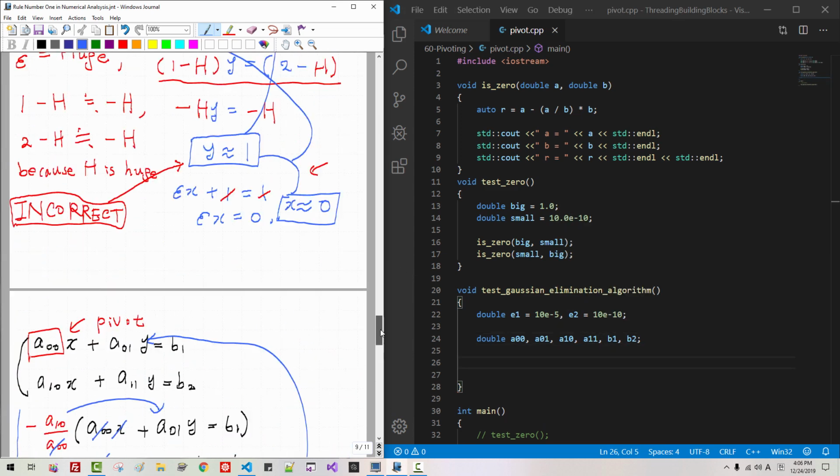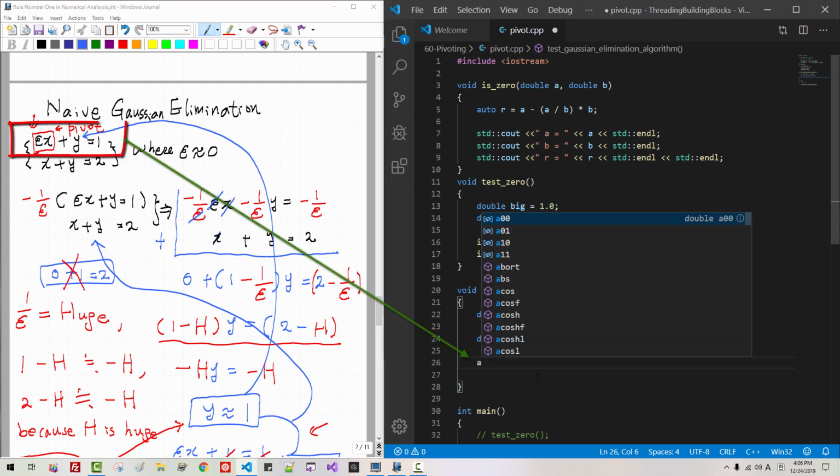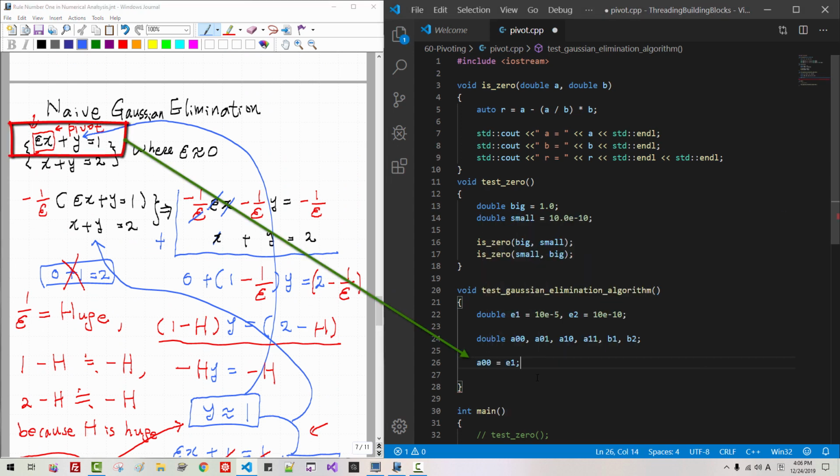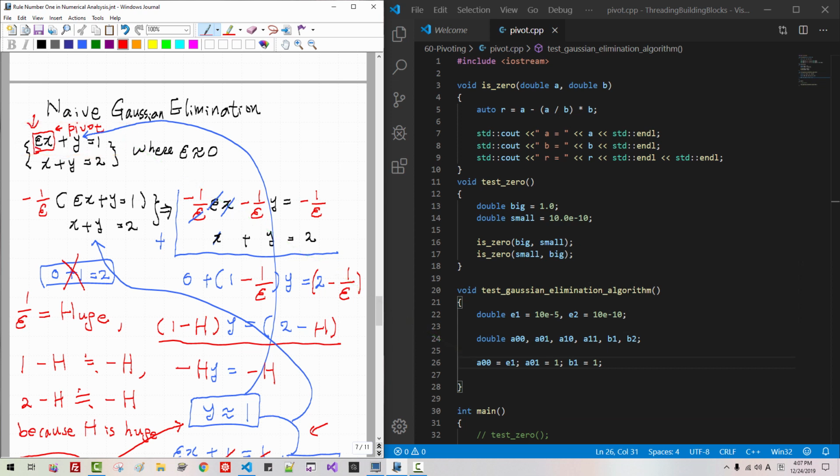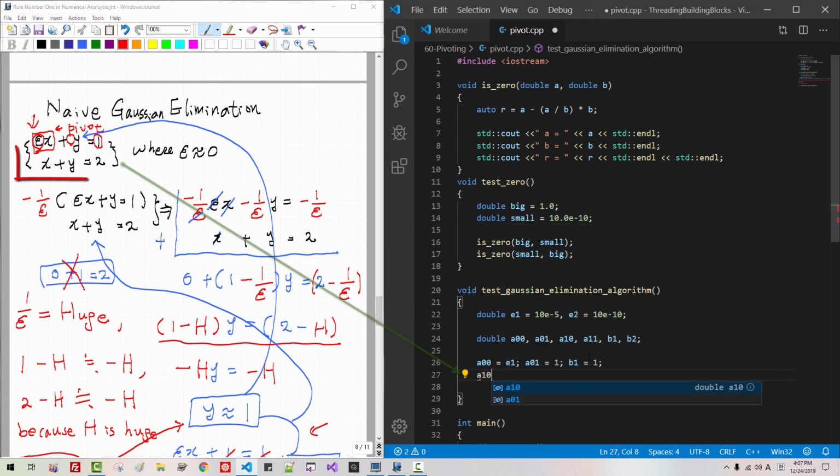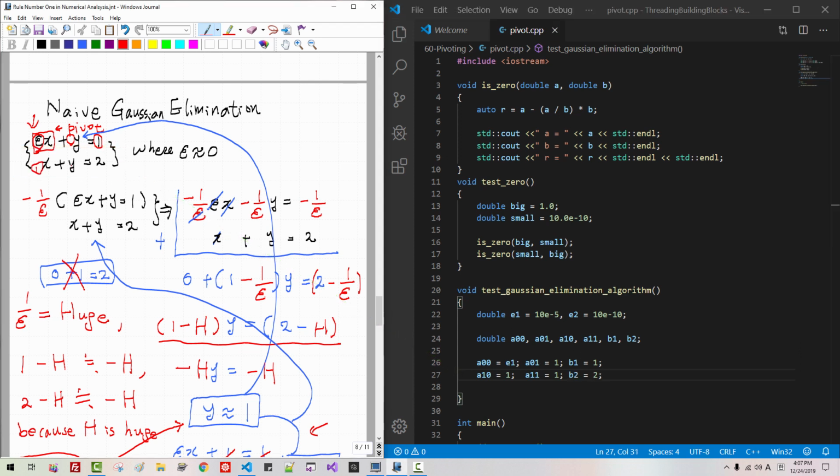We scroll up here: a00 is e1, a01 is 1, b1 is 1, a10 is 1, a11 is 1, b2 is 2. I applied this line here.